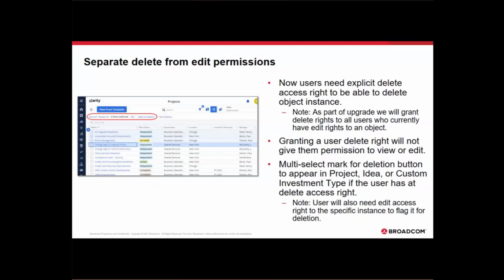The user will also need edit access right for the specific instance to flag it for deletion. For example, in a project, just because I can select the project instances and see the mark for deletion does not mean I can set that mark for deletion flag for any project object unless I have that edit right. So I shouldn't be able to delete just any object instance.